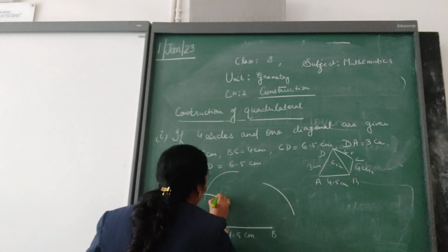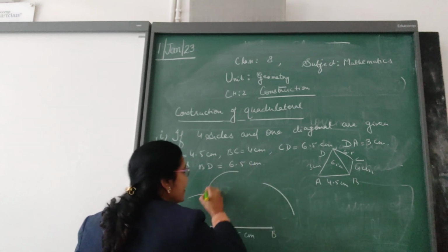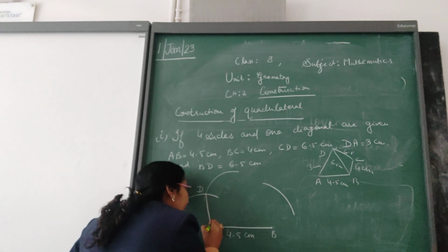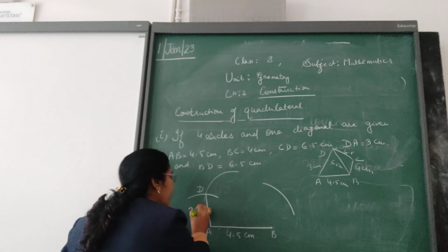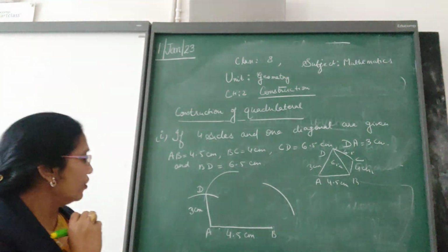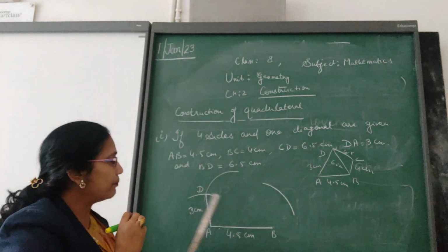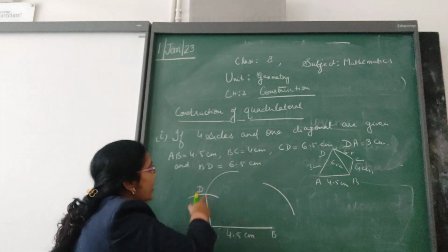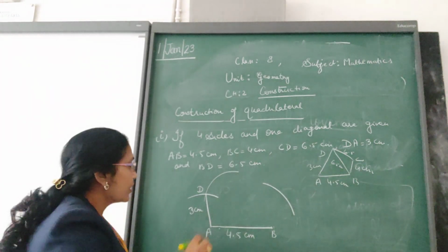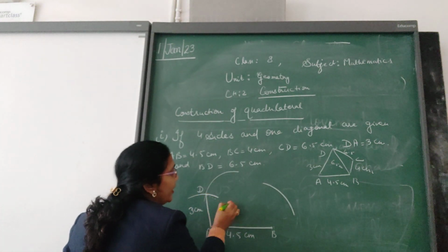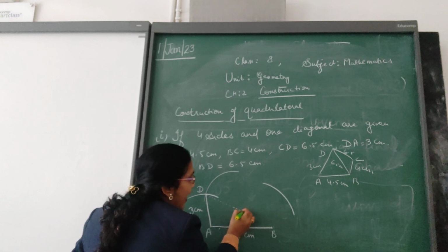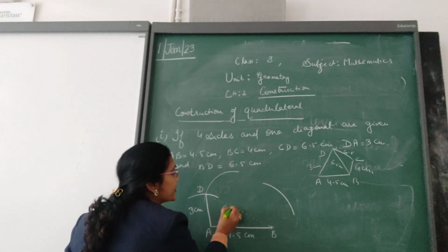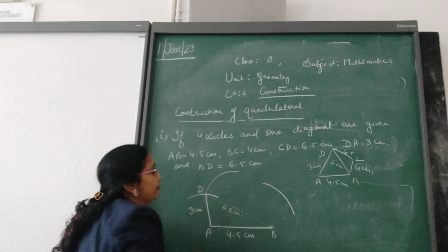It will intersect the 6.5 centimeter arc at the point D. This is the AD. AD is 3 centimeter. So now afterwards you may join the BD also. You already got D point because these two arcs intersect at the point D. So you make a dotted line from B to D, and the length of this is 6.5 centimeter.